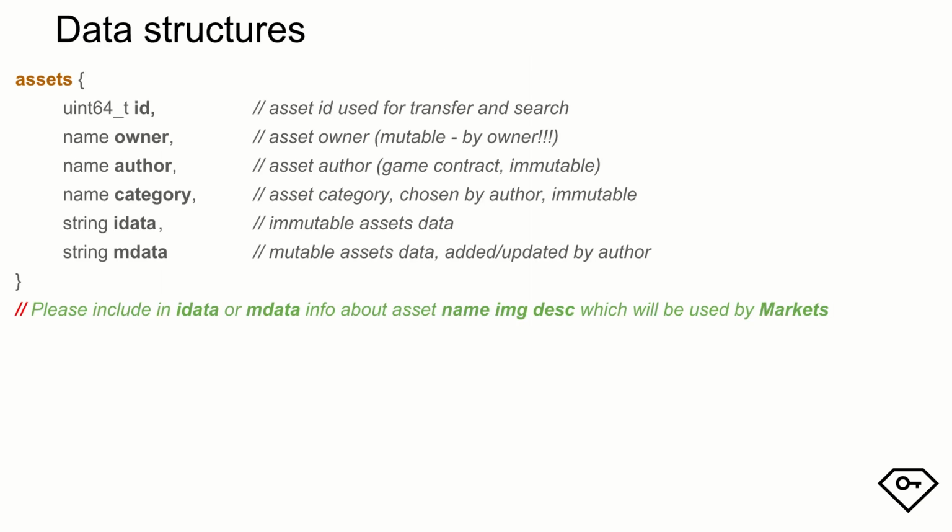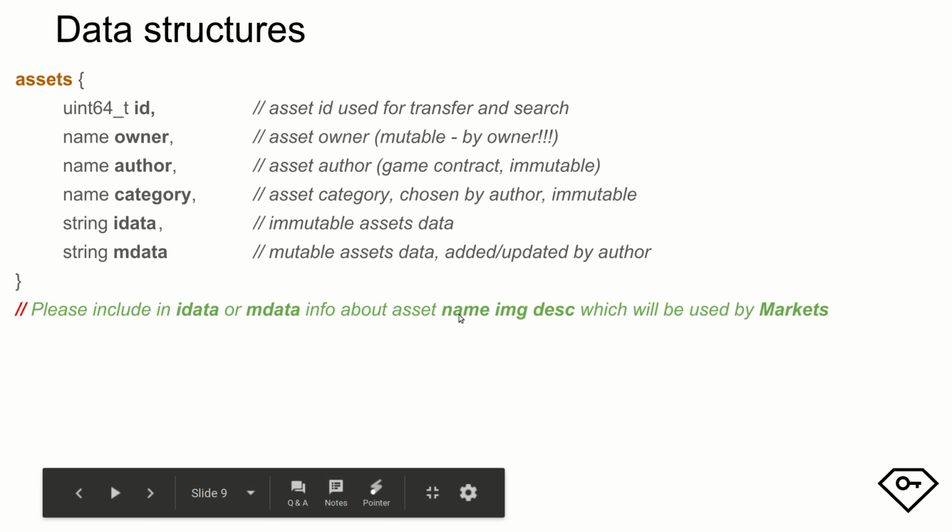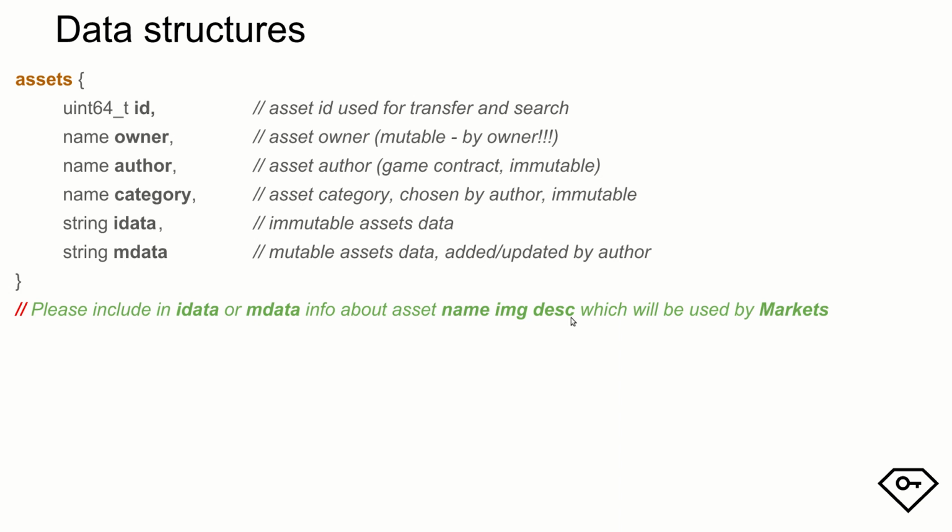Let's look at more detail. All right, we've talked through the asset structure already. We are going to make a recommendation both to asset creators and to marketplaces and other applications that list assets, that they either create or look for 3 fields: name, image, and description.